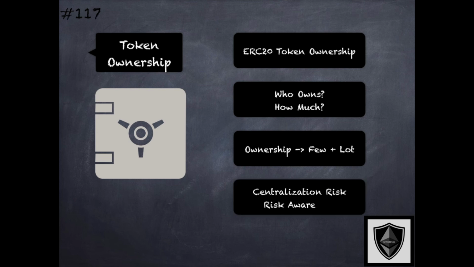So this is an aspect of risk from centralization, because there are very few owners holding a lot of tokens, and this risk could manifest itself into a security risk as well.